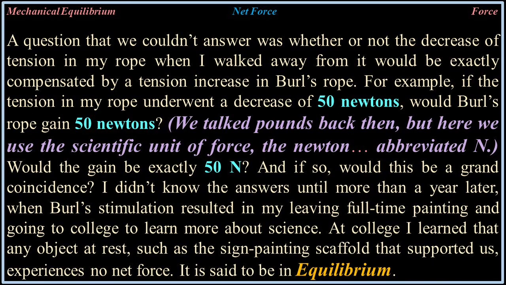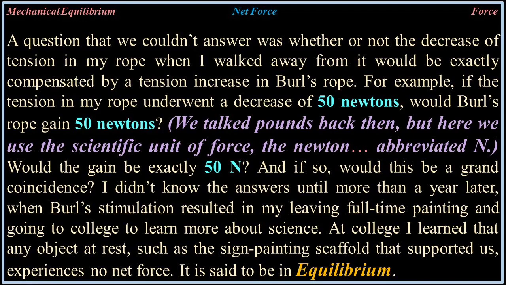A question that we couldn't answer was whether or not the decrease of tension in my rope when I walked away from it would be exactly compensated by a tension increase in Burl's rope. For example, if the tension in my rope underwent a decrease of 50 newtons, would Burl's rope gain 50 newtons?